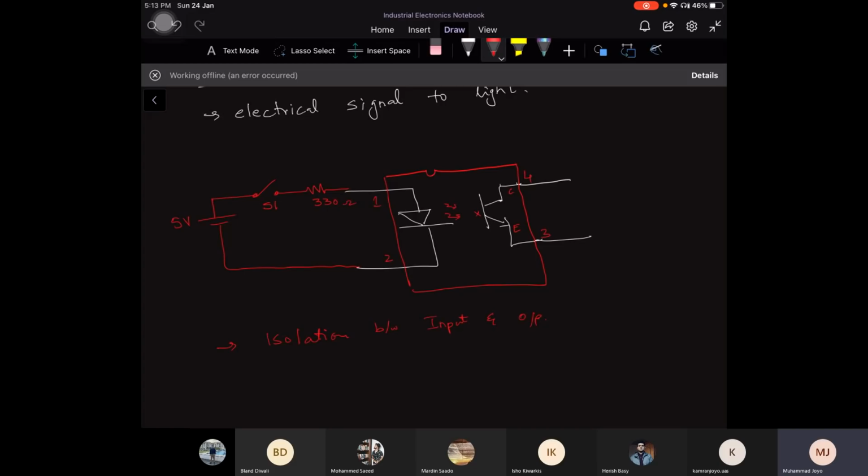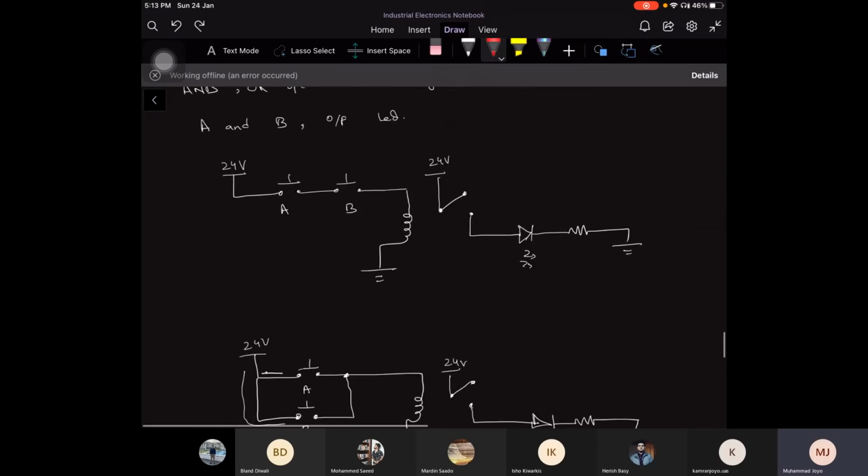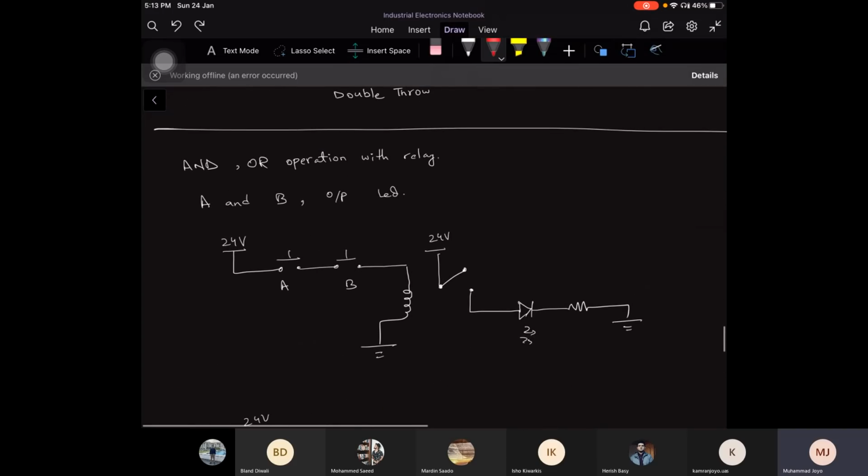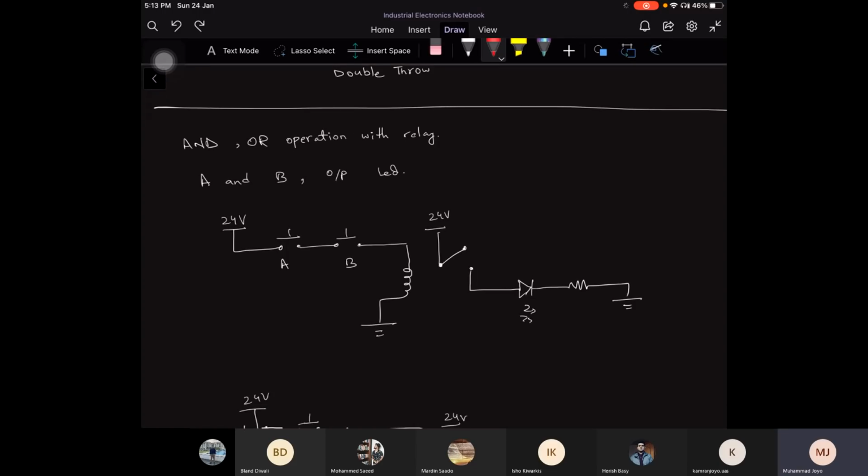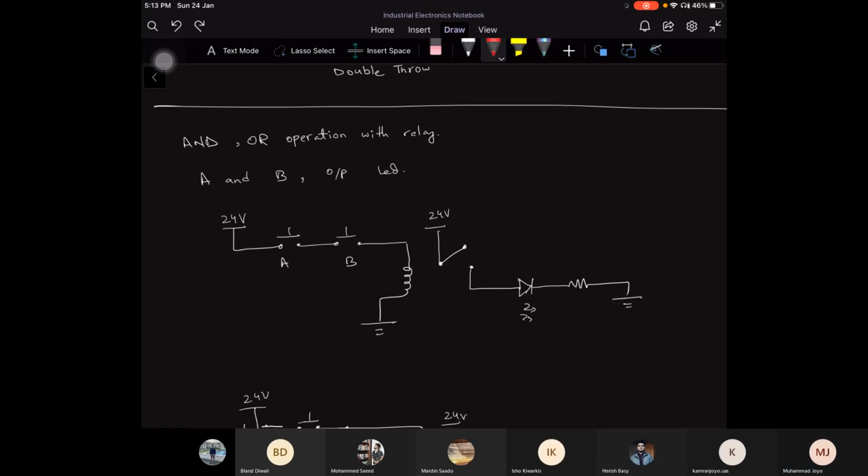If you remember the symbol of the relay, here you can see at the input side, there are two switches connected to the coil, and the coil and the output are literally separate.